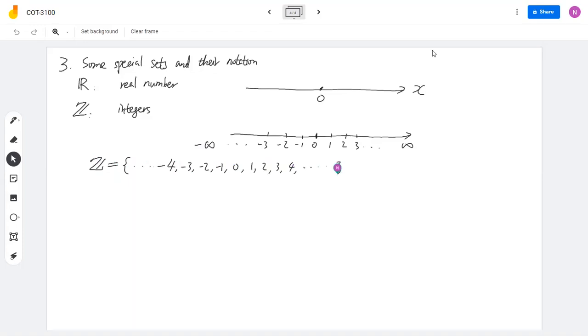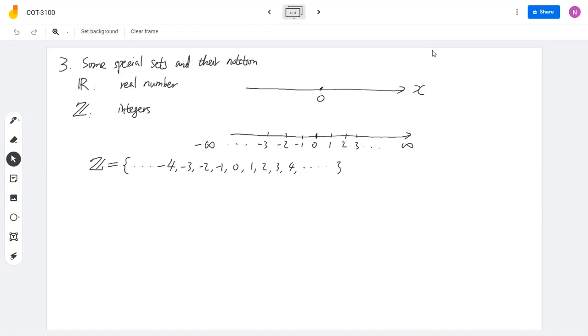So you can see it's not very convenient to use set roster notation to write this set Z. So we just use the capital letter Z to denote this set of integers.